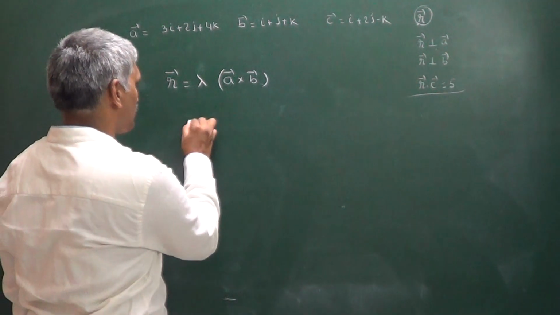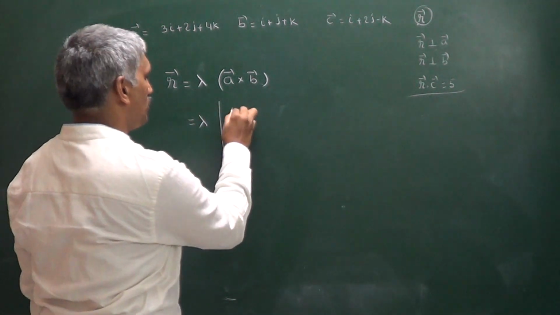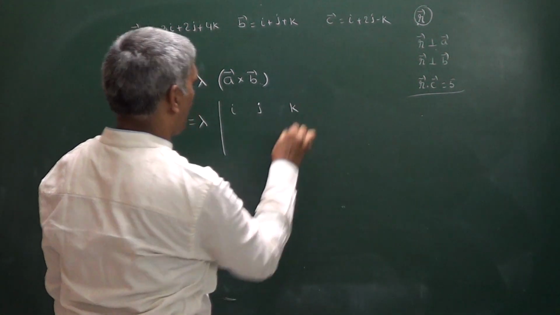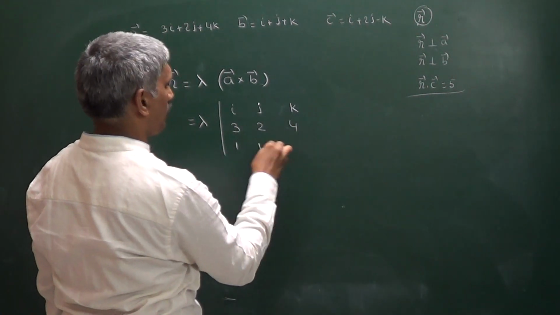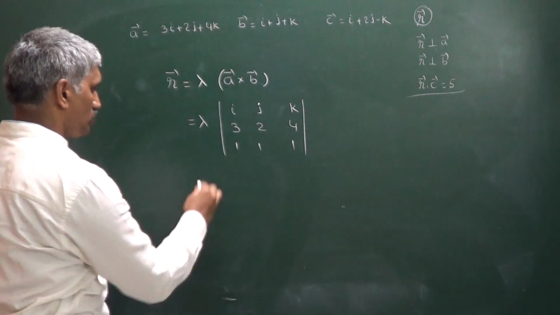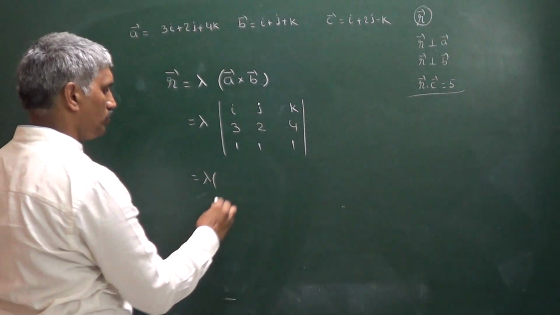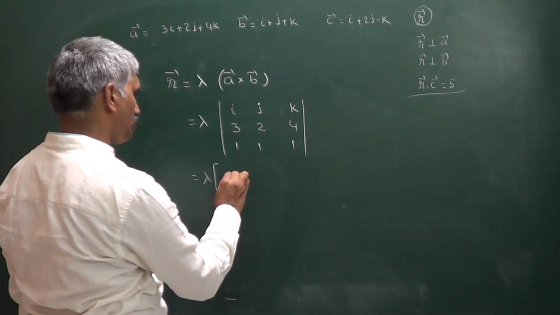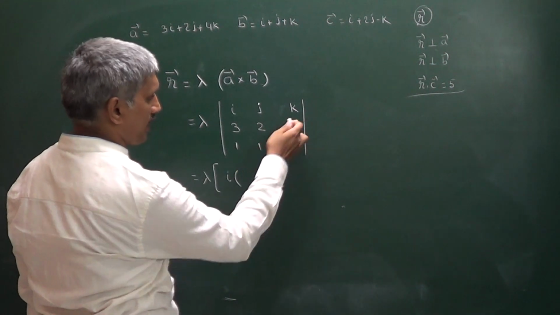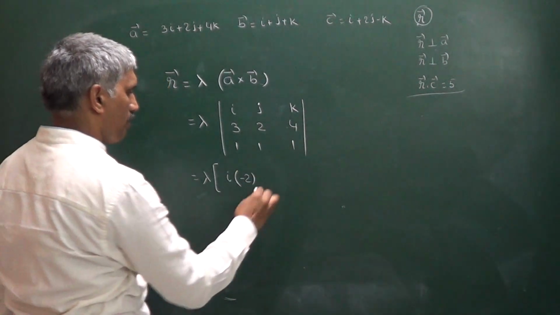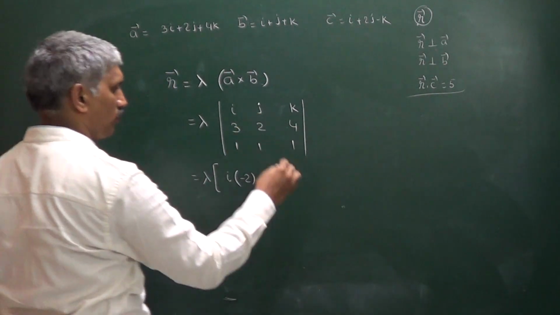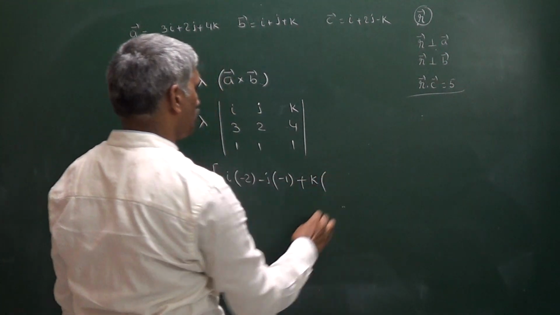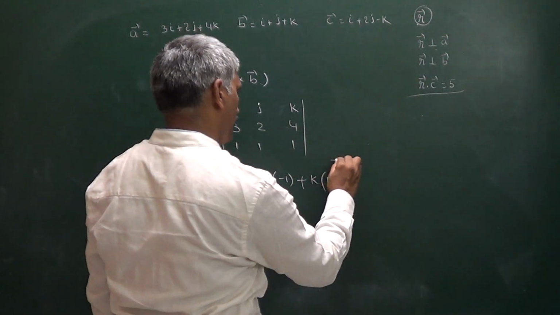Now I can write this as lambda into determinant of i, j, k; 3, 2, 4; 1, 1, 1. Right? So you will get lambda into, i into 2 minus 4, that's why minus 2, minus j into 3 minus 4, next plus k into 3 minus 2 is 1.